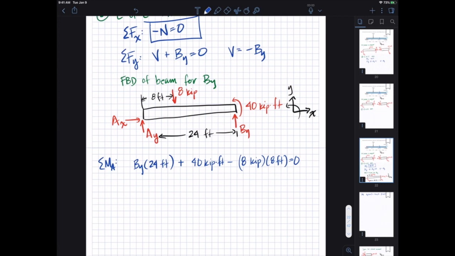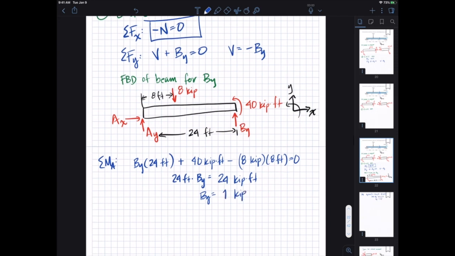Do some math. 24 feet times By equals 24. 40 minus 64, right? Yep. So this is going to end up being 24 kip feet. So By equals 1 kip.